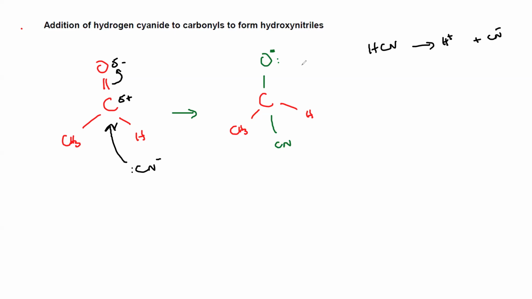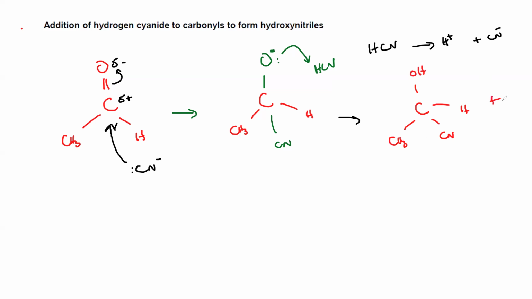And this oxygen, which now has a negative charge, will attract the hydrogen, like if we have HCN, to form a bond. When this oxygen attracts this hydrogen to form a bond, the final product will be C, CH3, CN, H, and OH.